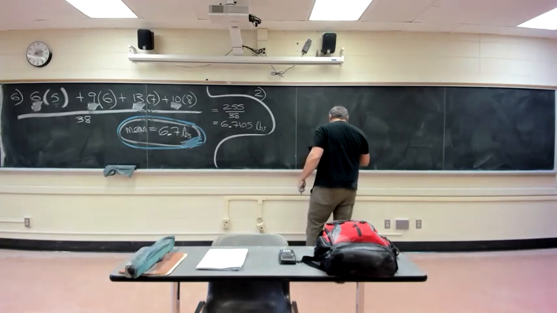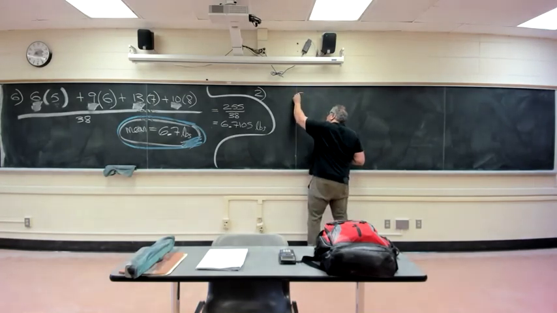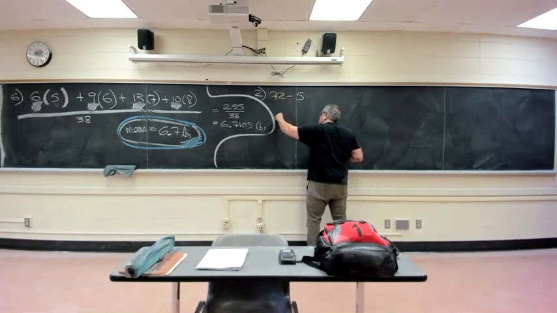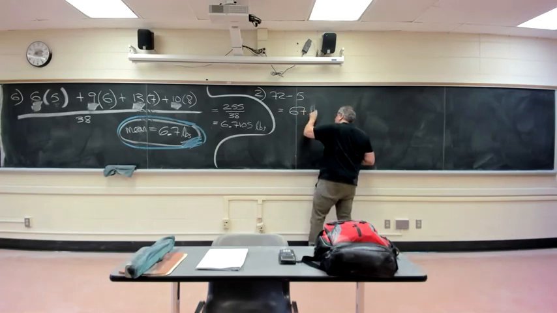Of those 7 dogs, the lightest one was 5 pounds. The heaviest one was 72 pounds. Lightest was 5. Heaviest was 72. I'm going to subtract, and I'm going to get the range being 67 pounds.